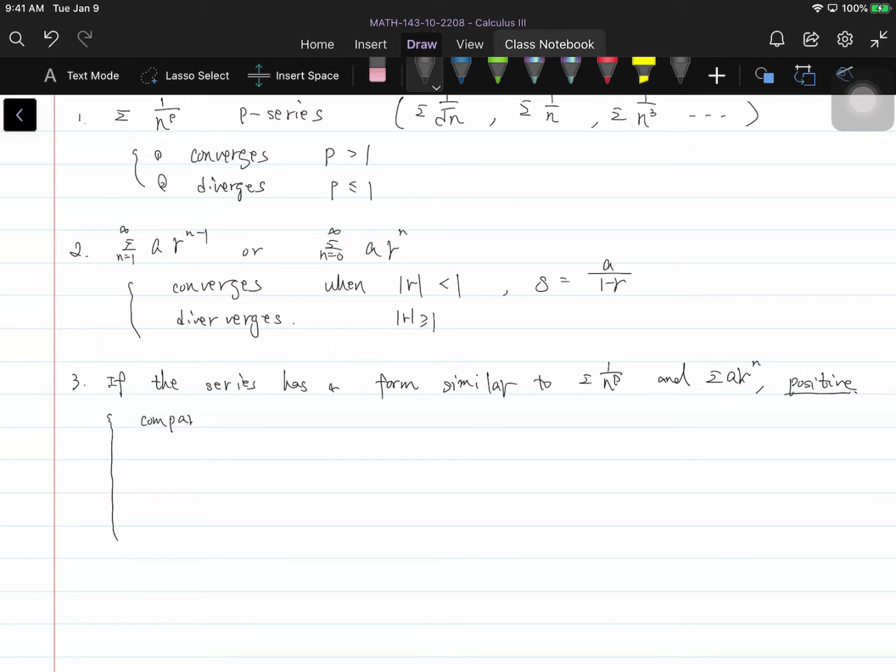The comparison test, and similar to the comparison test, we have the limit comparison test.